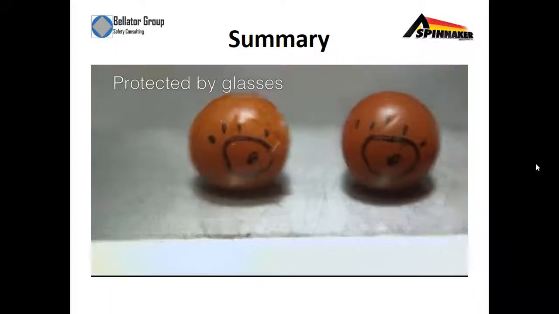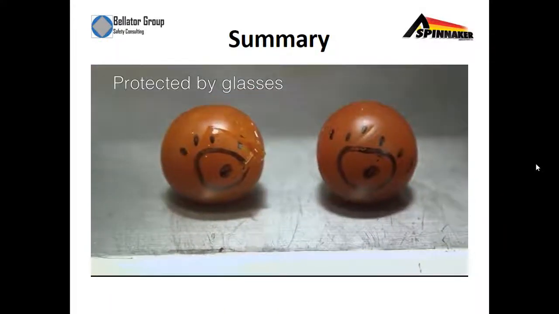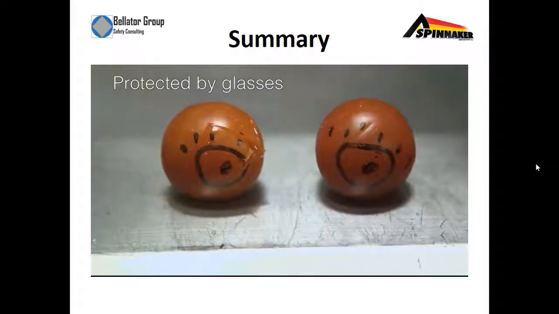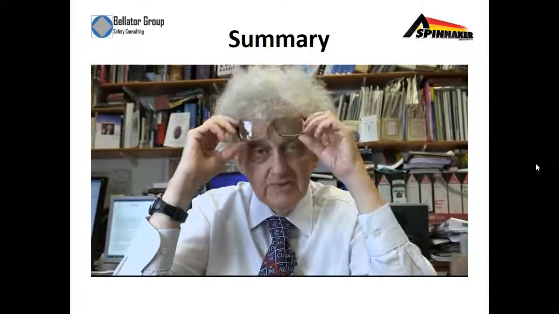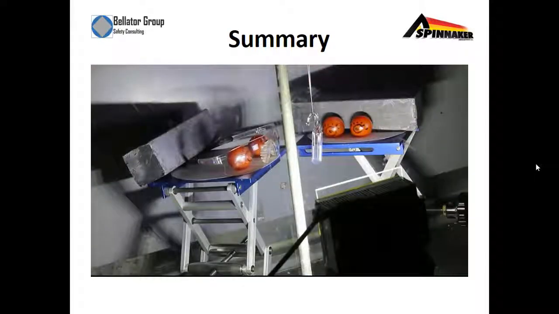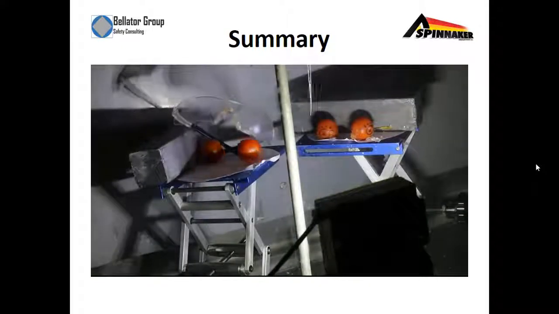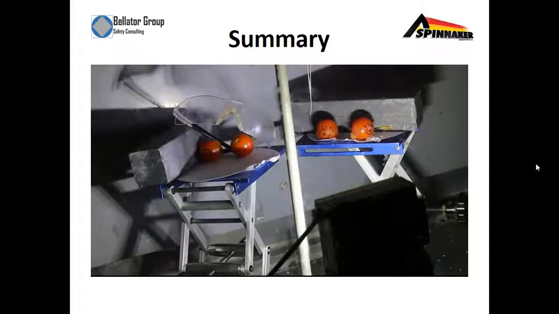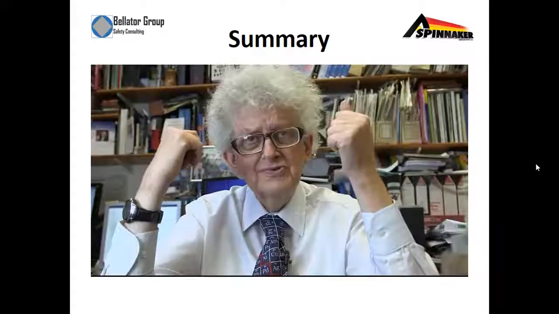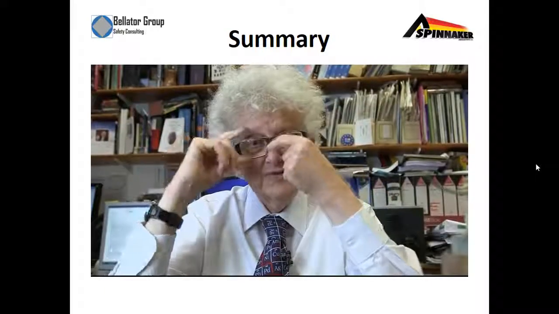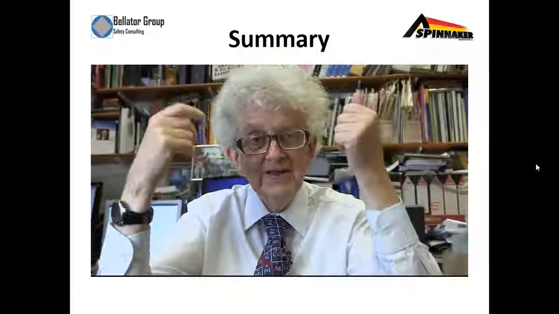In this case, the eyeballs with the safety glasses were slightly damaged because the explosion blew the glasses up. And of course, in our simulation, there isn't a nose, so some of the glass got through the gap where you would normally have your nose.